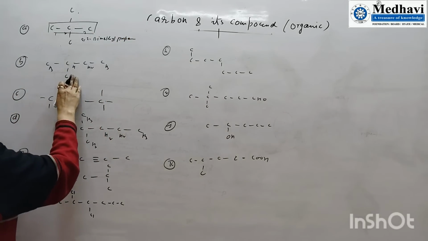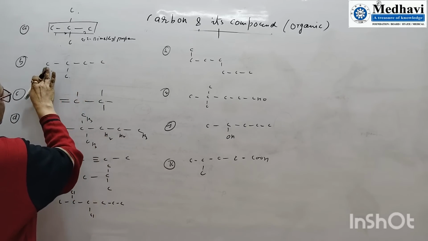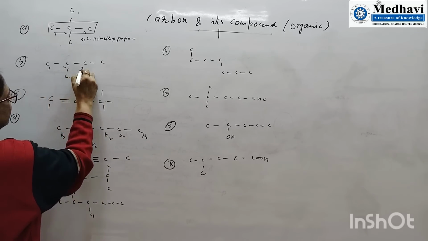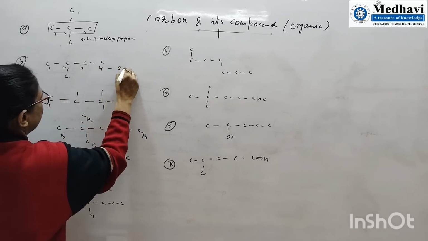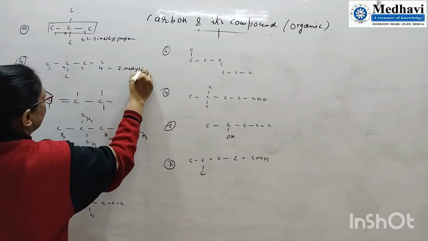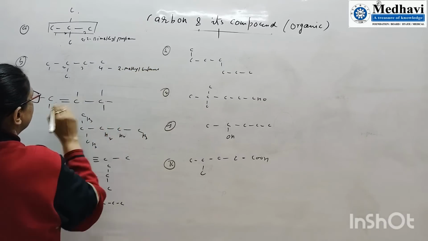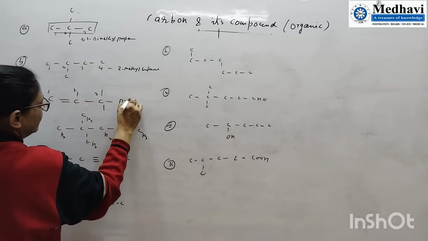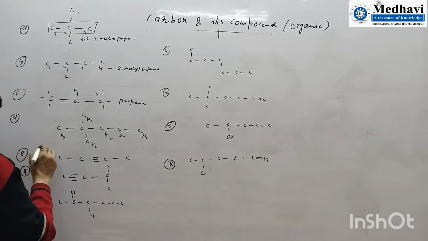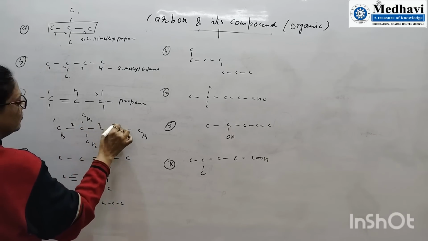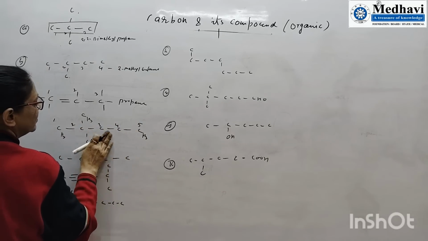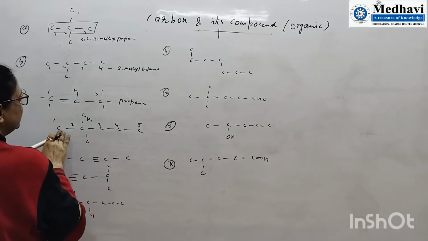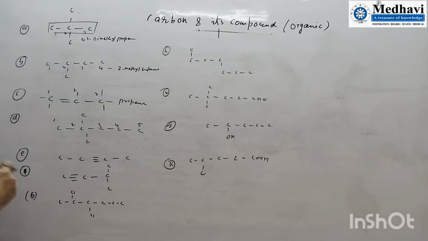Here also, you can write 2-methylbutane. Here, numbering from the double bond side, propene. Here, 1, 2, 3, 4, 5. Just remove hydrogen. You feel that it will be easy to write. And then you fill hydrogen.